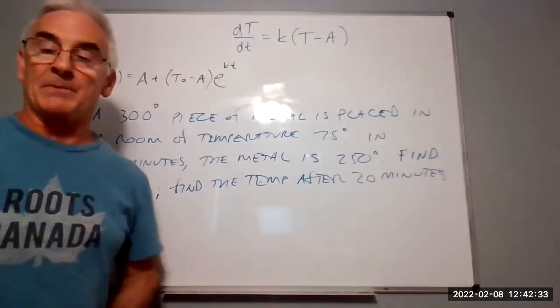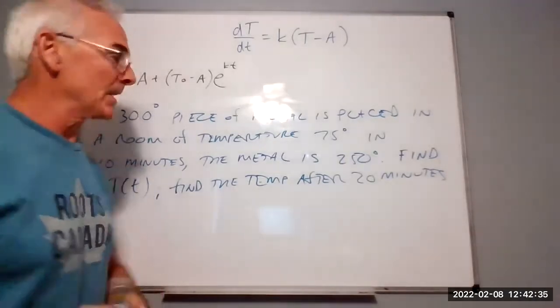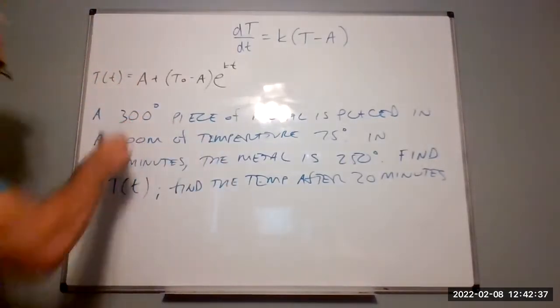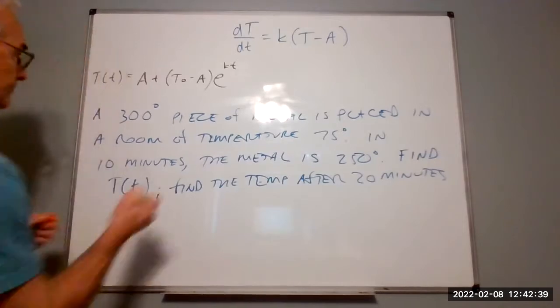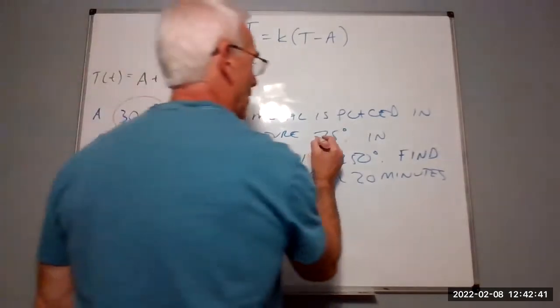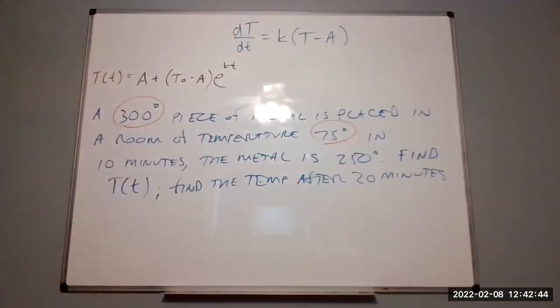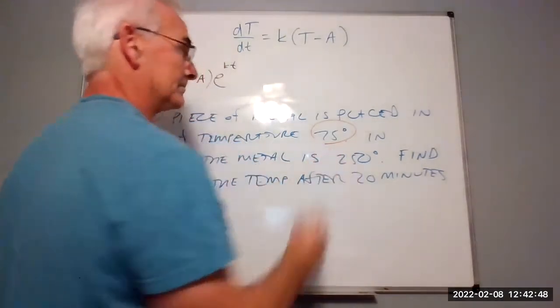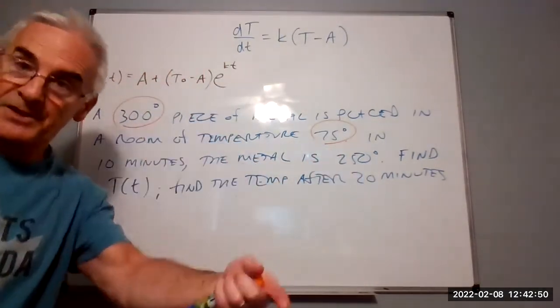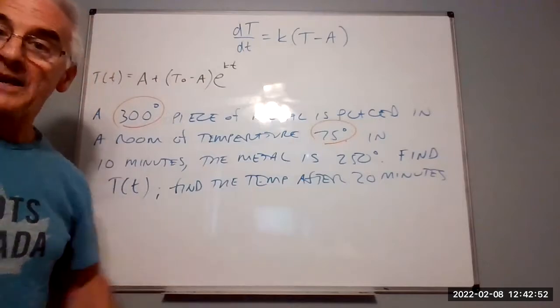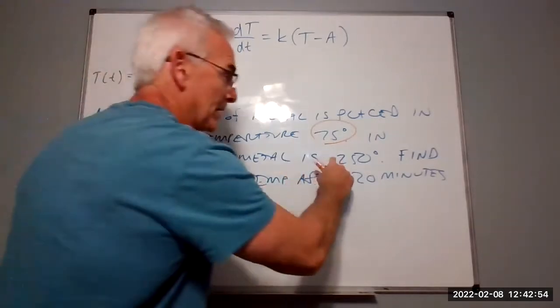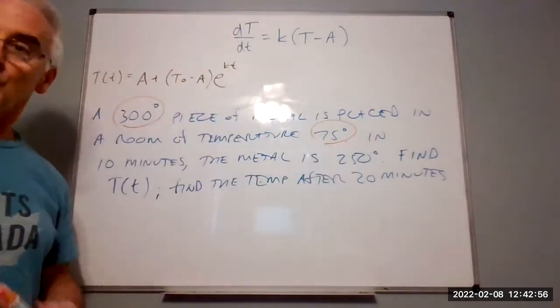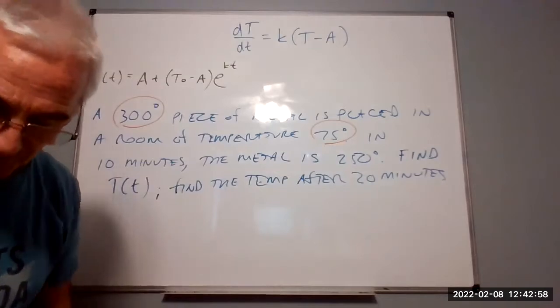We have enough information. Here's why. That's T0. That's A. That's T of 10. And that's my one reading that I needed. That's all I need. See, in 10 minutes, it might be hotter than this, it might be colder than this, but that determines everything else down the road.